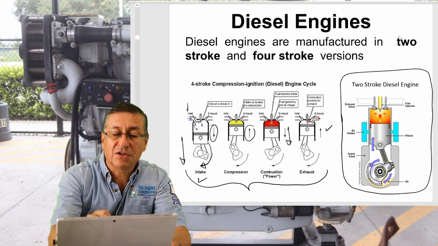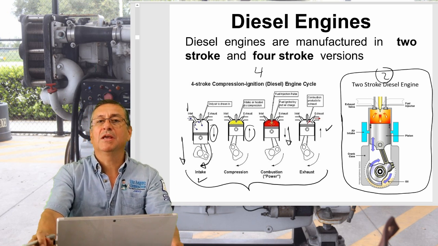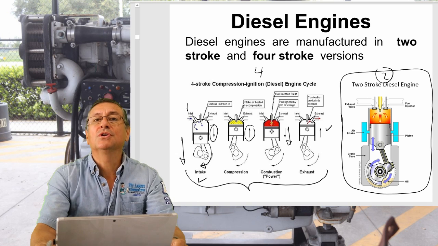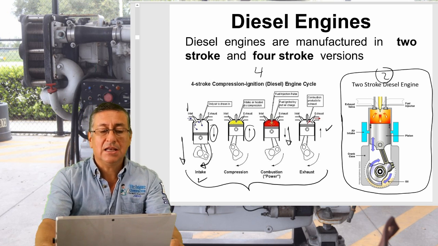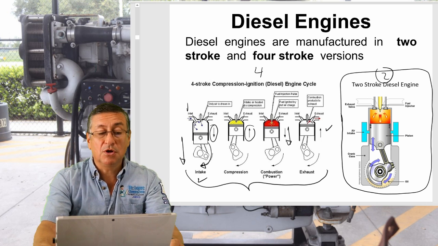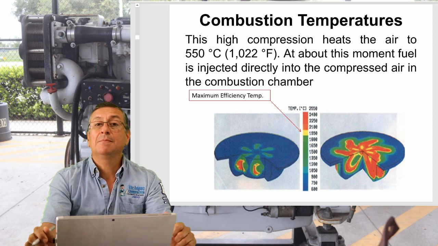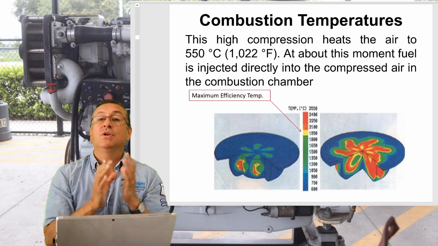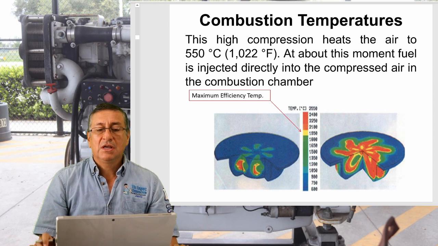This is 4 strokes, this is 2-stroke, but let me pause one second before I explain 2-stroke, because there are 2-stroke gasoline engines and 2-stroke diesel engines, and there are a lot of differences between them. Let me check what happens in the combustion chamber of a diesel engine during the 4 strokes. What is the temperature? What is the pressure?